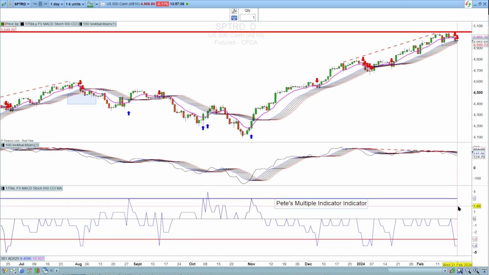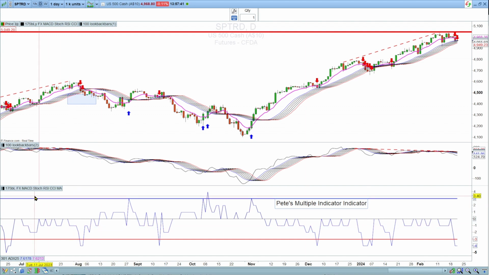If it breaks higher than 2, then it draws a blue arrow at this point, meaning there's a chance of the price rising. Or if it breaks below the -3 line, it shows the price possibly declining. So that's what those arrows indicate on the price chart. I'm not going to cover that today.